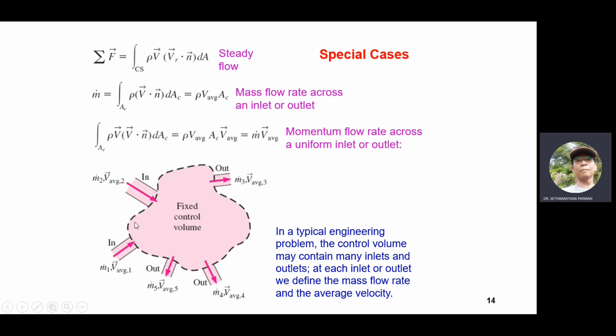In every inlet and every outlet, we will have a certain mass flow rate and also the average velocity of the fluid.